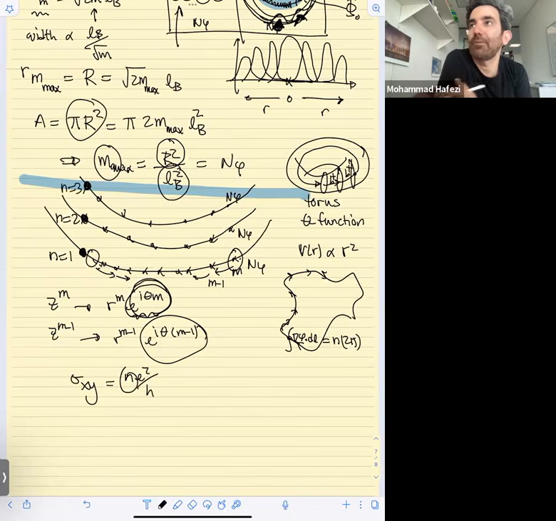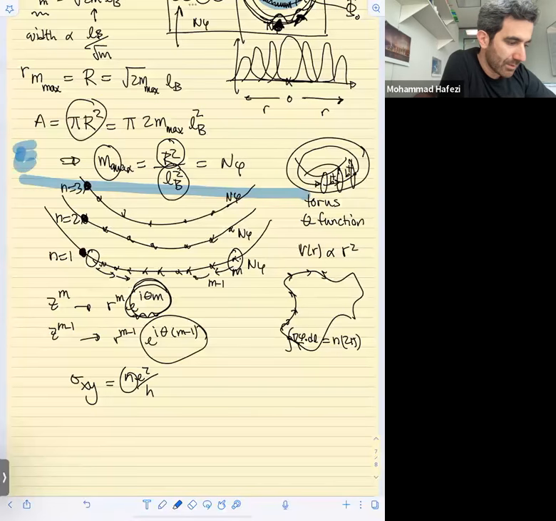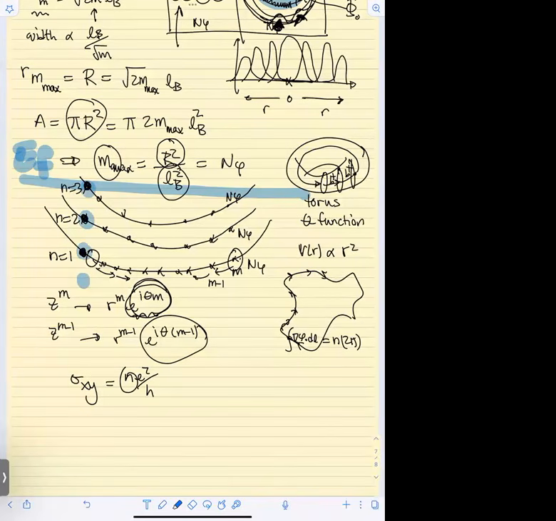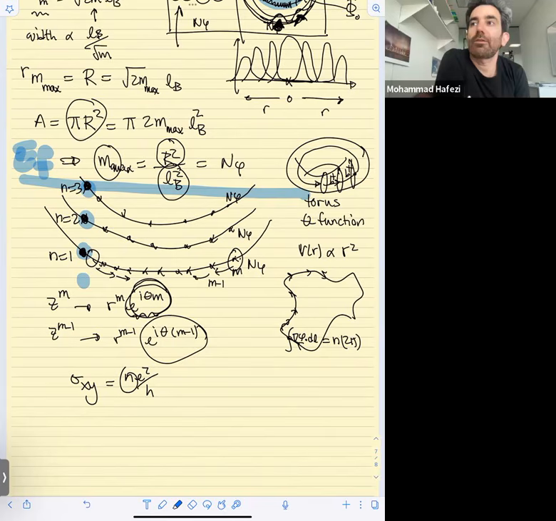So each Landau level will contribute one edge state, and if my Fermi level is over here at the blue, so this is EF, then I should sum over all the contributions from the bands. If my Fermi level is low enough, I could have only one individual state contributing to the conduction in the edge. Correct.